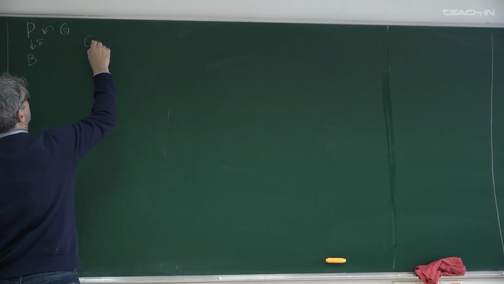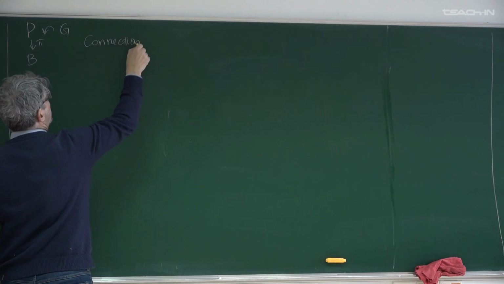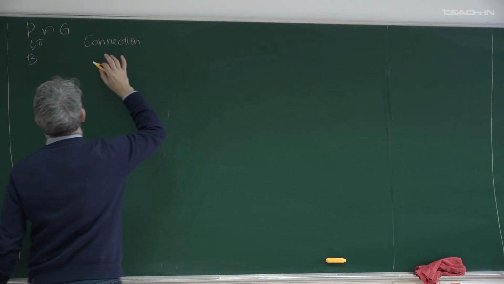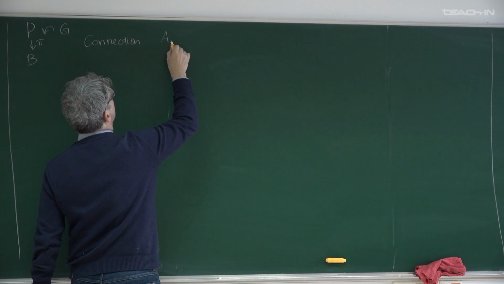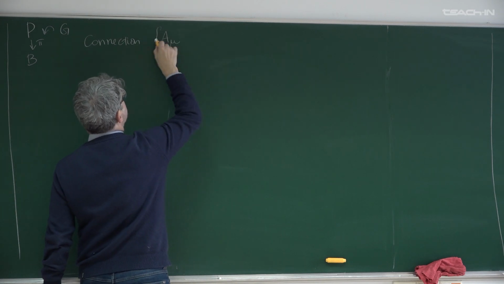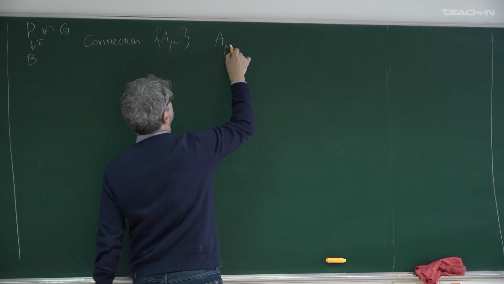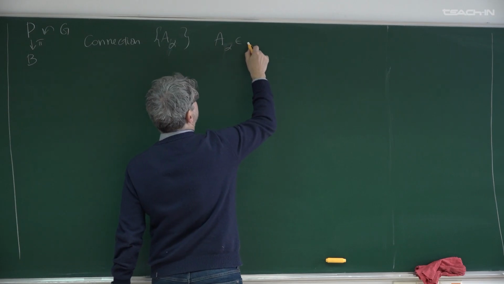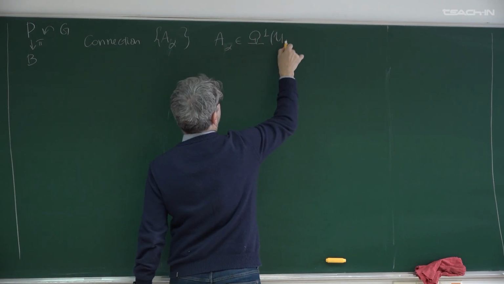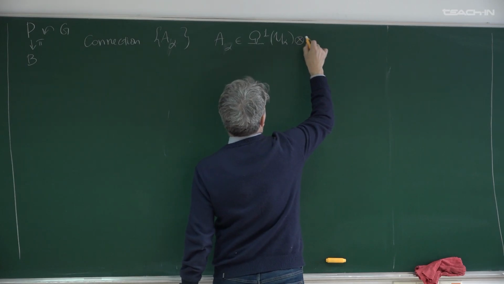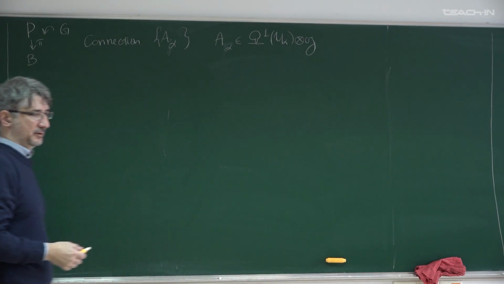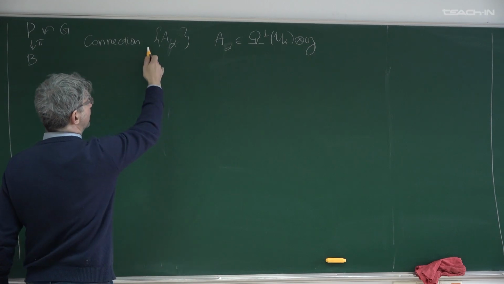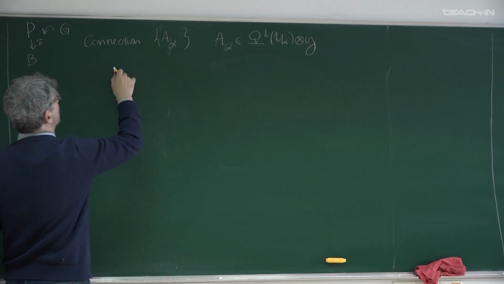The connection is the collection of one forms, well, sorry, A alpha, one form on trivializing chart U alpha with values in the Lie algebra G. The relation between these two things on the overlaps should be given by the following formula.